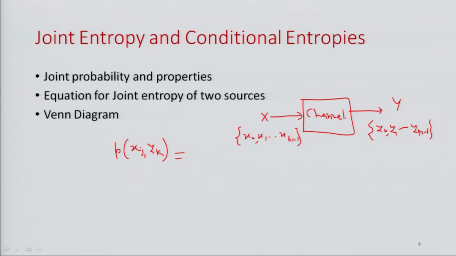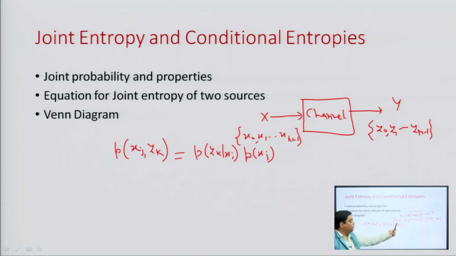These are not statistically independent, but actually they are dependent. Y is dependent on X. So we cannot say that this is p xj into p yk. We will use here the conditional probability p yk upon xj into p xj. This will be the joint probability of the event when input is xj and output is yk, and the conditional probability is that of output yk when input xj is known.